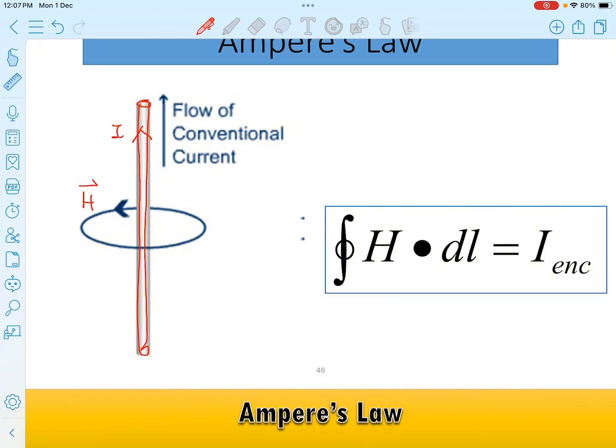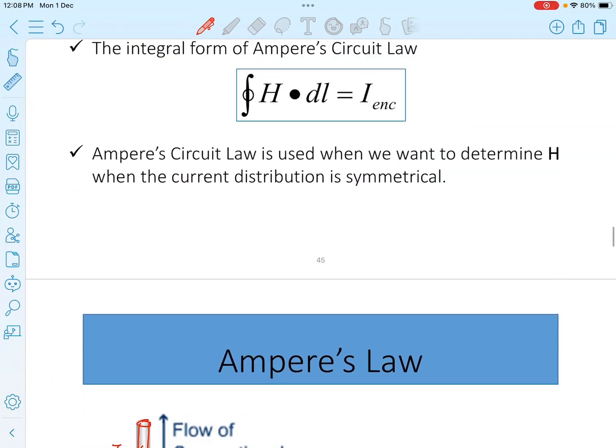Tangential component means that if you put this in a 3D coordinate system, this is y and this is x. These directions will be the phi directions if we are using cylindrical coordinates. So this is the tangential component, the H in the phi direction.